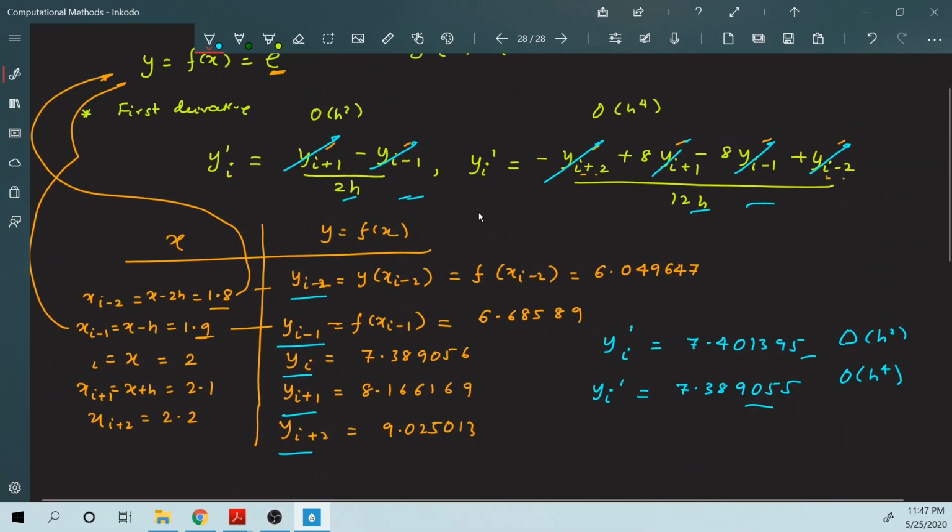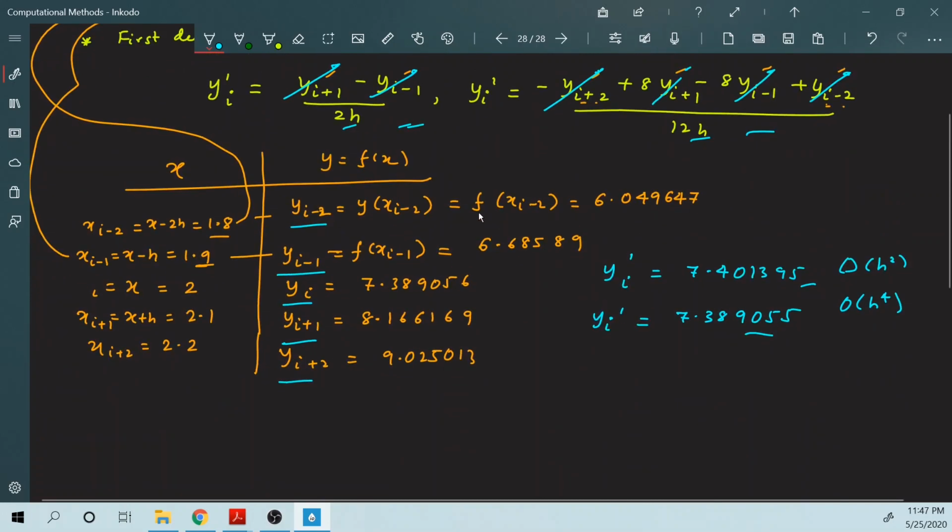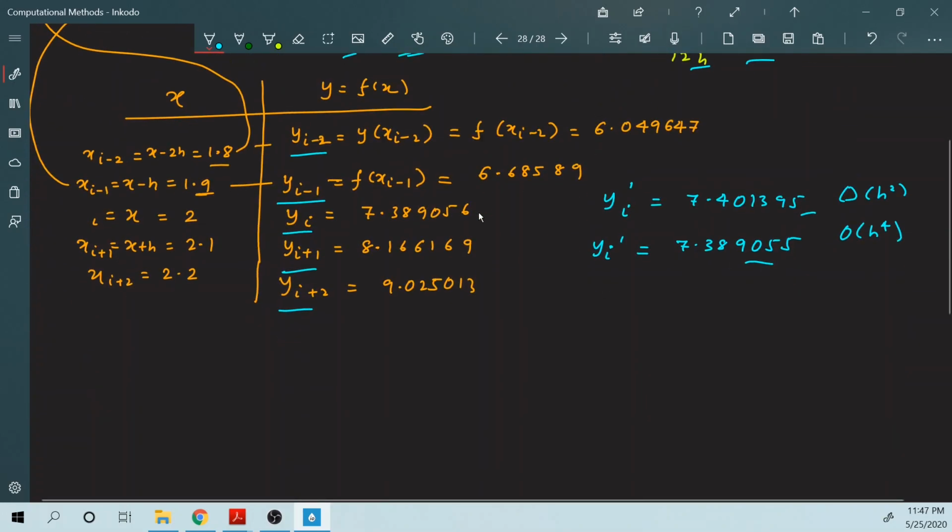Similarly, what you can do is you can write down the formula for the second order derivative. So what is the formula of the second order derivative? So this is h square, centered scheme.